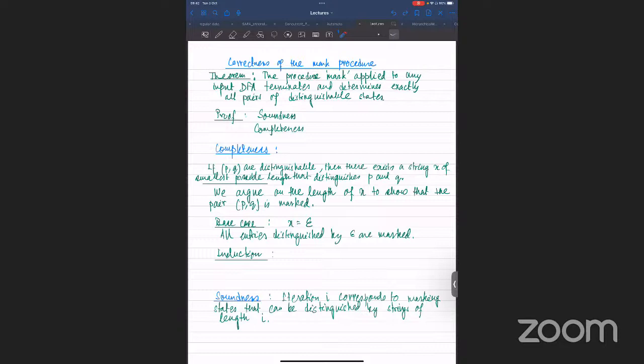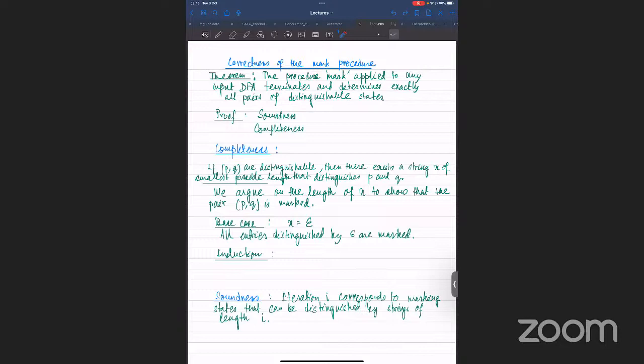So what is the definition of distinguishable? There exists a string X, and there can exist multiple such strings, but you can consider that string which is of minimal length, which distinguishes the pair of states, right? And we are going to prove the completeness by induction on the length of this minimum possible string which distinguishes this pair of states.